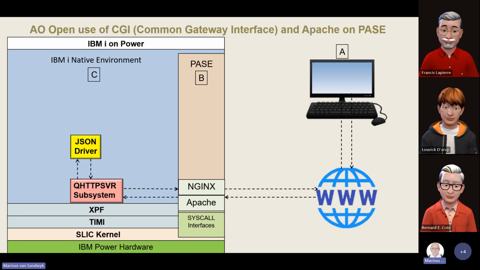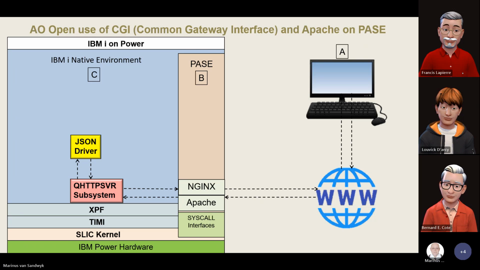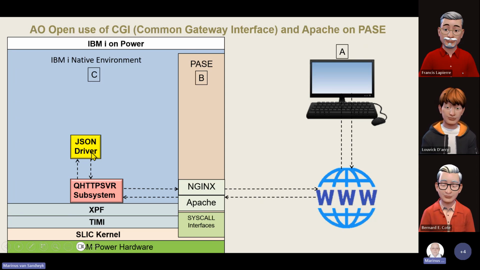It is absolutely critical. Because believe me, if there is one area that will most likely be targeted, it will be that side, and then also unsecure communications in the World Wide Web. Very important then, Apache communicates with the HTTP server subsystem, and then JSON, the JSON driver.